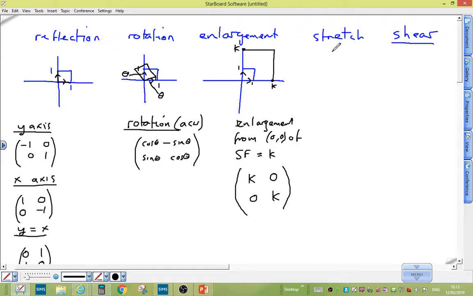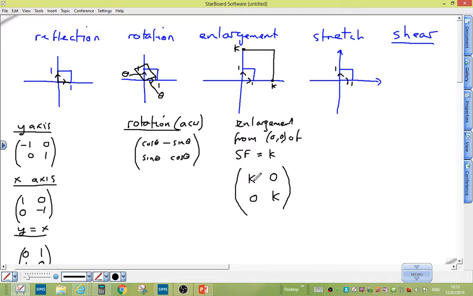So again, we're going to draw a set of axes out. Okay, and we're starting off with a 1 by 1 as per usual. And 1 and 1. I'm going to stretch it in one direction. As long as these two are both the same, it is equal in both directions. Therefore, it's a true enlargement.